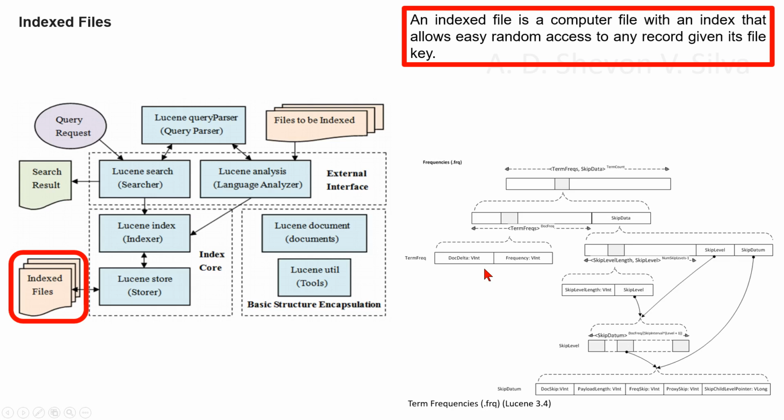When doc delta is odd, the frequency is 1. When the doc delta is even, the frequency is read as another vint. If omit tf equals false, store the term frequency.